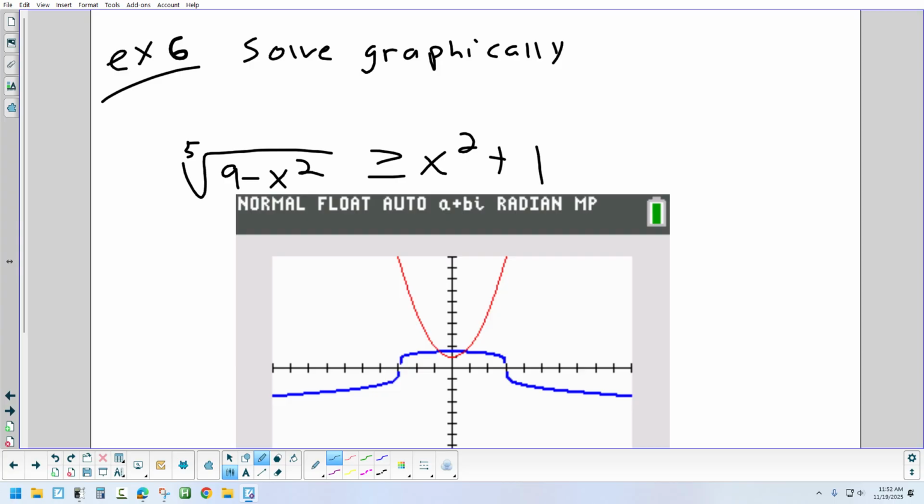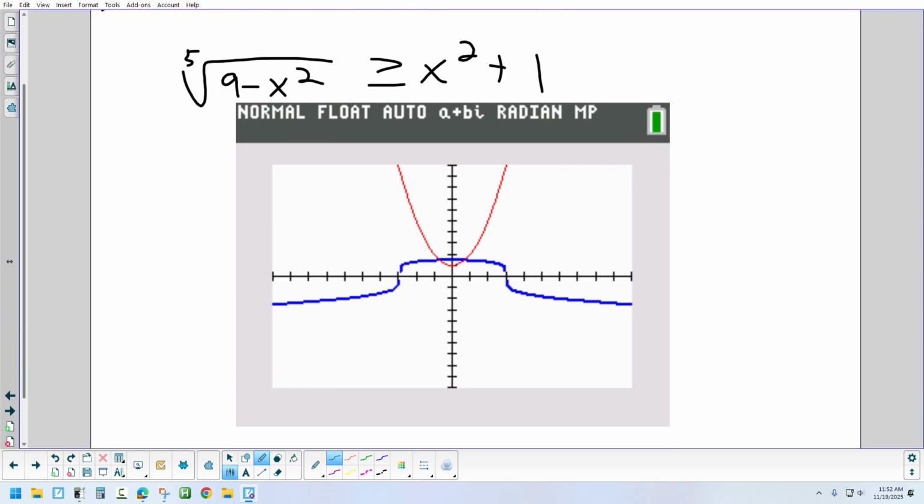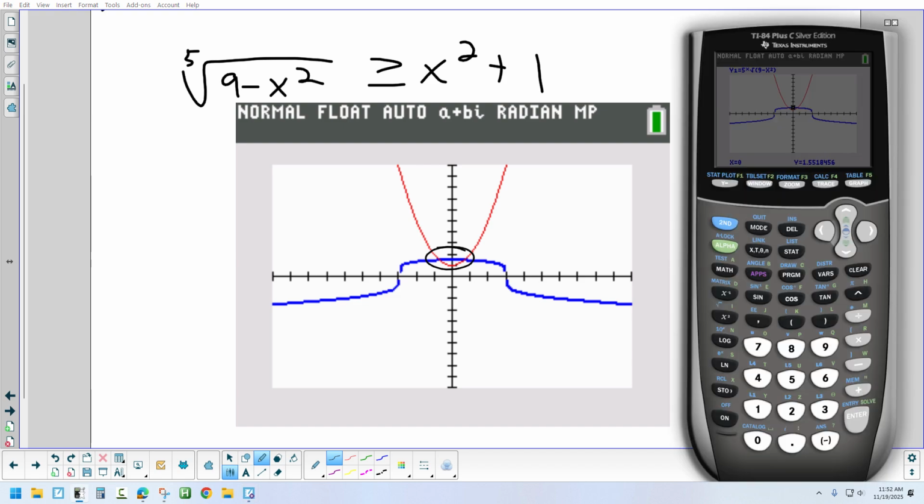Okay, that's what we have to figure out. How are we going to figure it out? Now I want it more specific than the middle. The intersect. Right, we have to find the intersect. And this time you can equal the graph. So when we find the intersect, what kind of symbols are we going to use on our interval? Because the two graphs can be equal to each other.